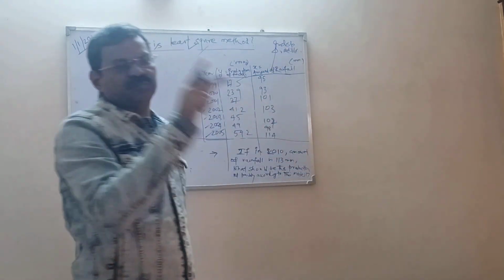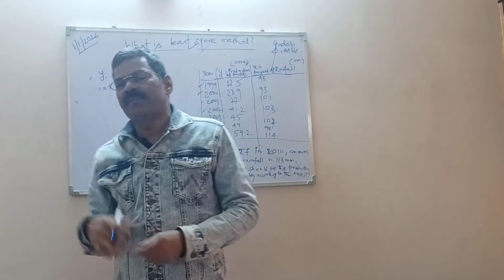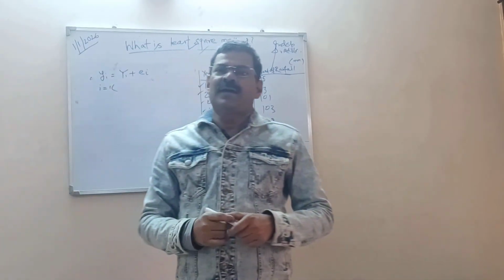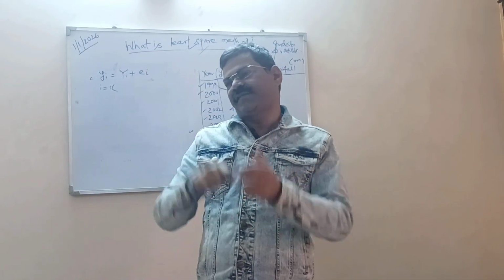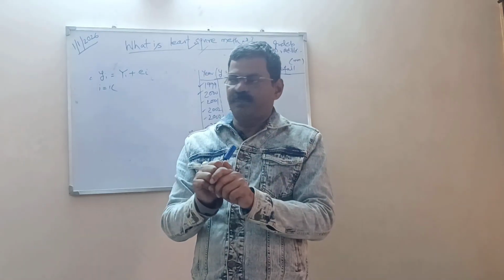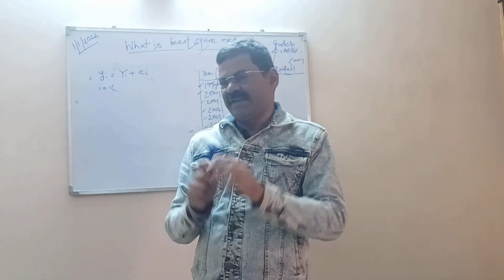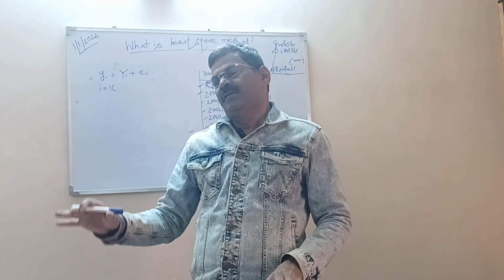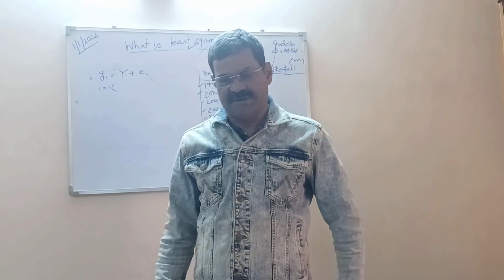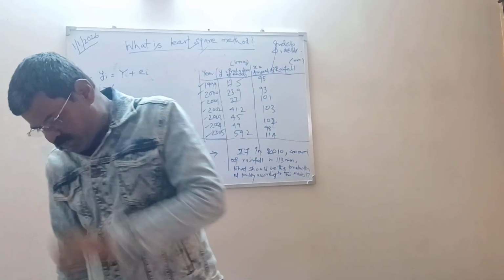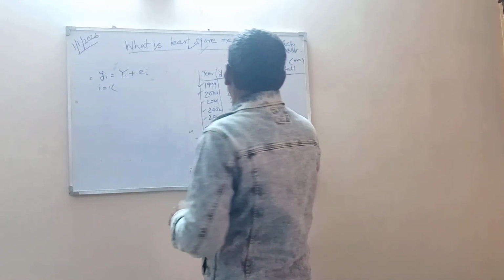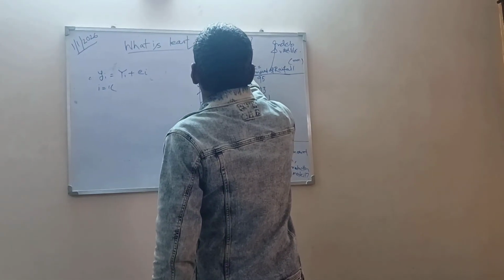But depending on the rainfall, my production of paddy varies. If it is moderate, the production of paddy will be moderate. If it is less, production will be less. If it is more, then also production may be less. So this is my dependent variable.